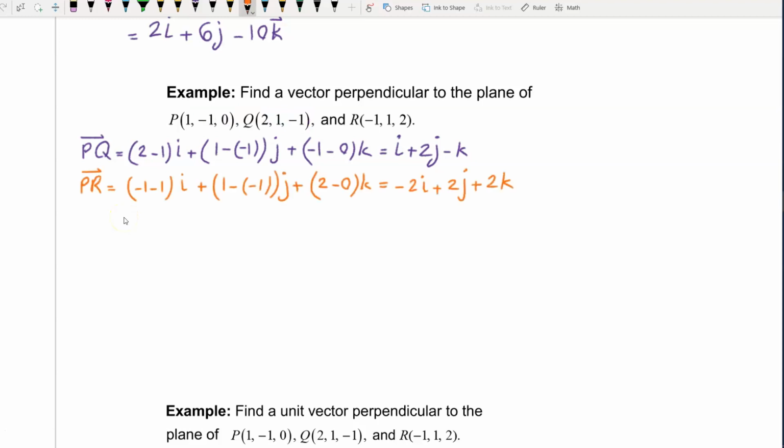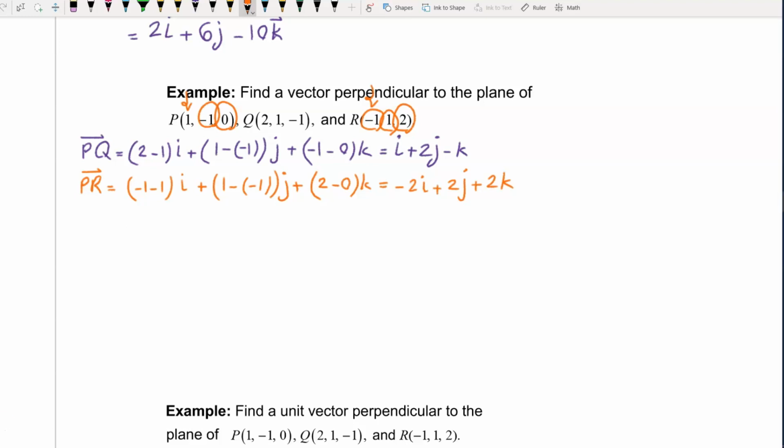And here finding PR, this is equal to first component for R, it is negative 1, so negative 1 minus 1 times i, then we have 1 minus negative 1 times j, here we have 2 minus 0 times k, so this is equal to negative 2i plus 2j plus 2k.